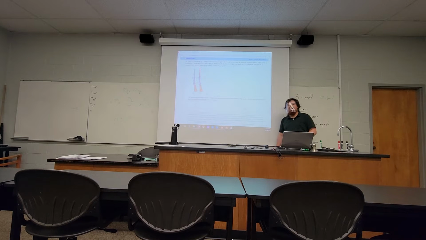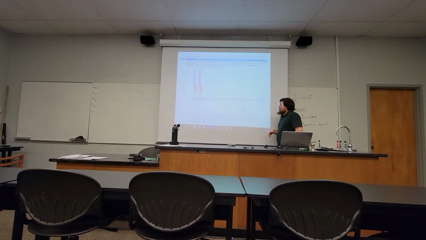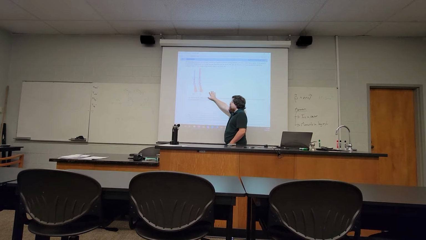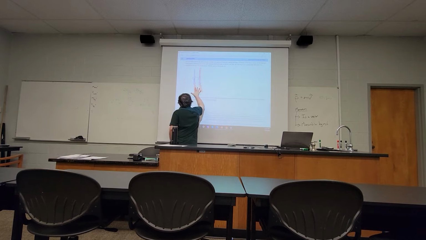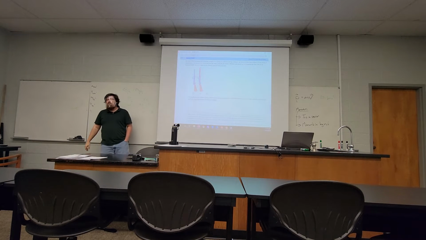So, 7 is an energy transformation question. Namely, the energy here is going to transform between 3 different forms at 3 different points in time. Here we have a spring-loaded projectile launcher. The spring is compressed to a certain degree.